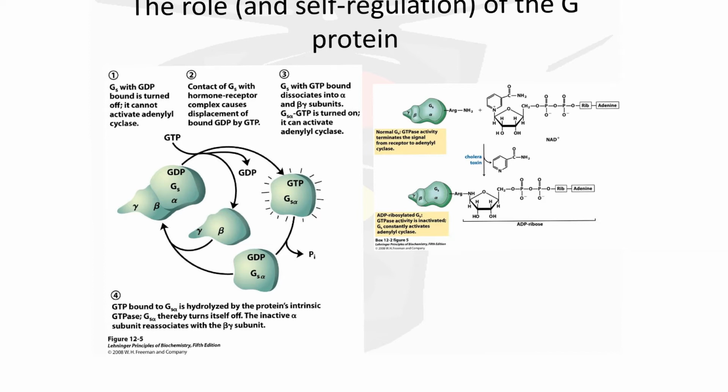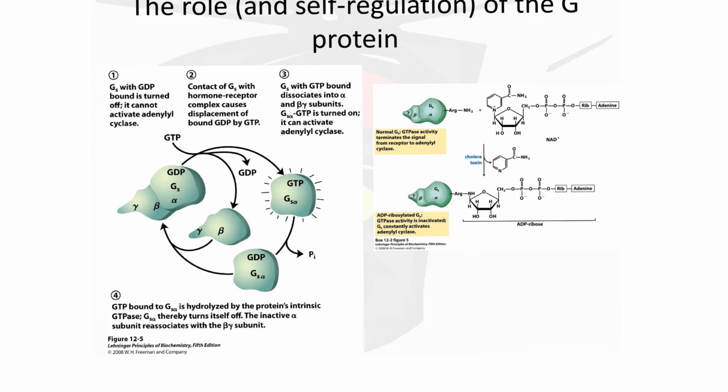So why does it hydrolyze, just to turn itself off? Yes, the hydrolysis doesn't do work, really, it just deactivates it. No, I mean, the hydrolysis, we're going to find out, is what's going to activate the adenylyl cyclase, so that way it can only do it one time, and then it can go back.